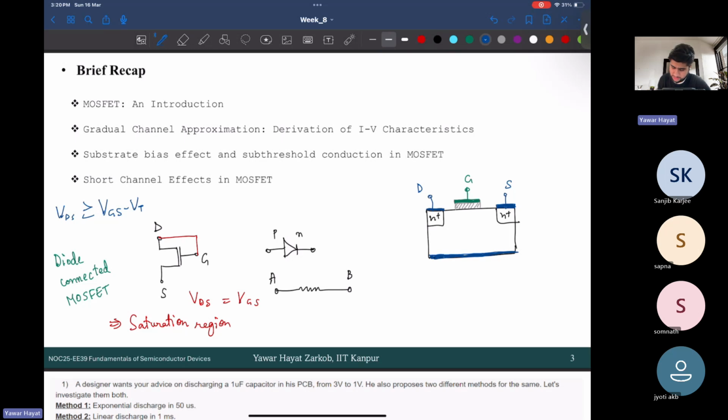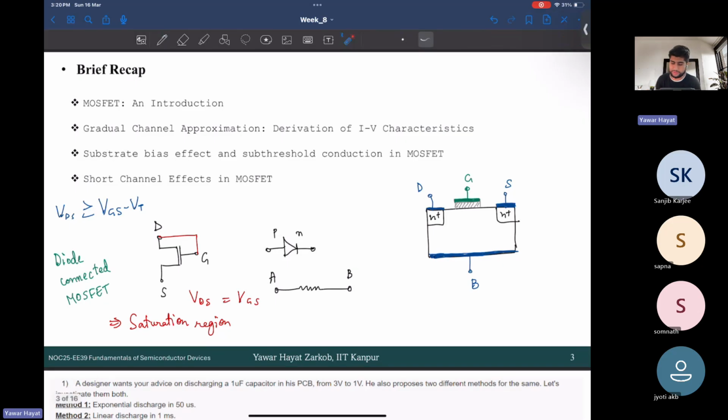Which terminal is this? Substrate, or you can say body. So the question is, there is case one when your source and body are shorted, so your VBS is 0.